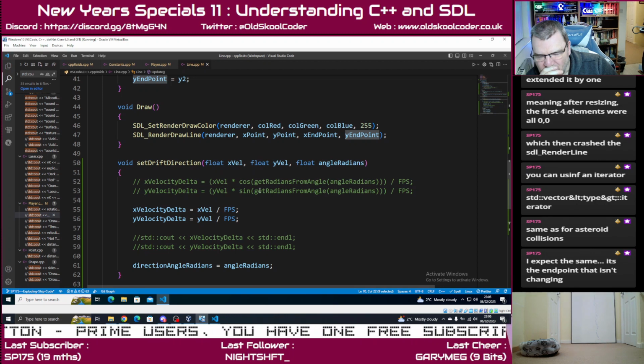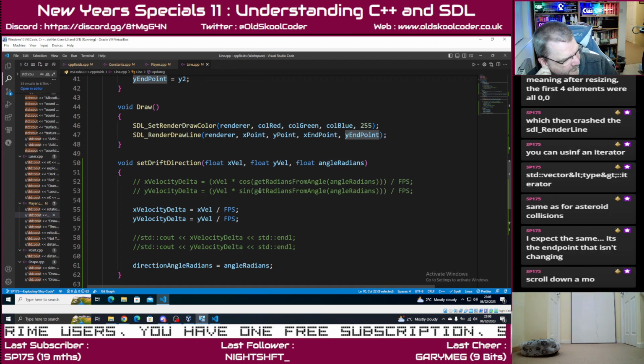What's the symbol that converts a reference to a value?